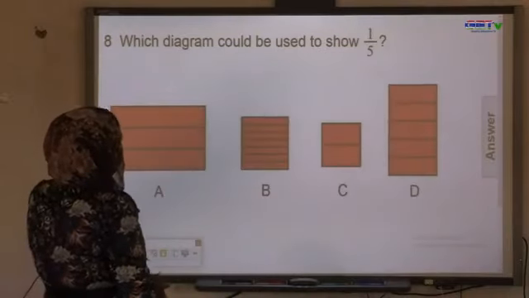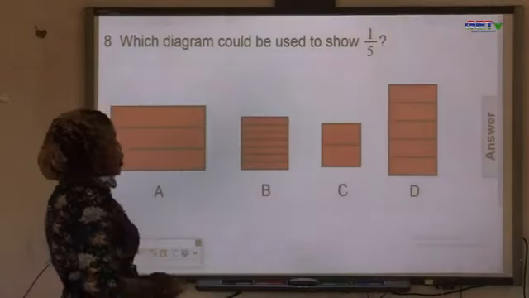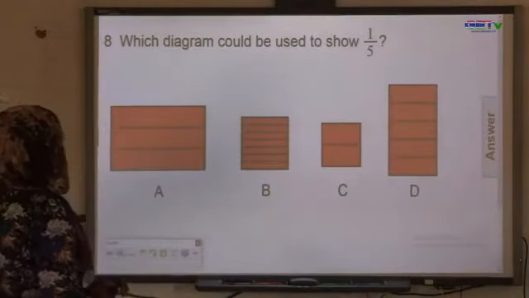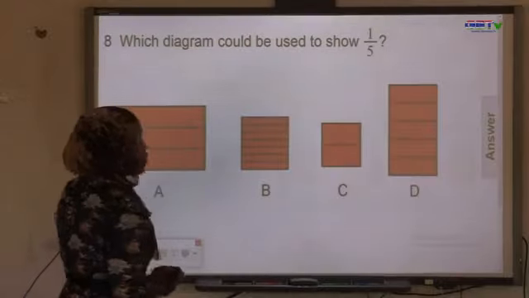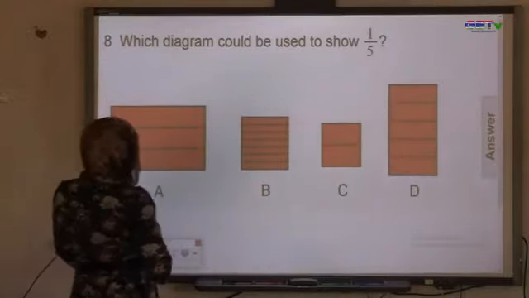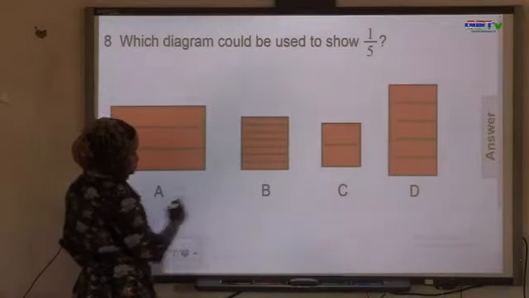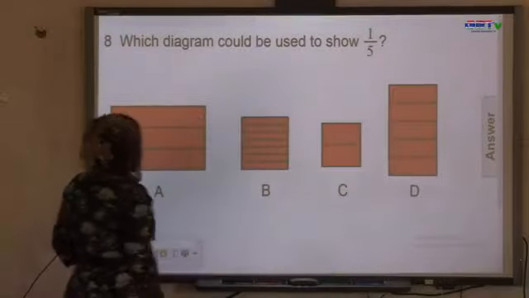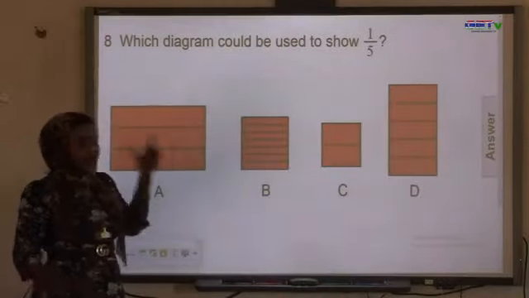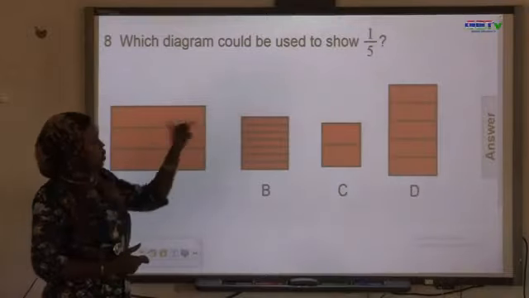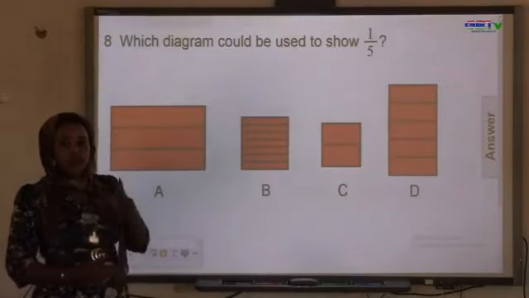Which diagram could be used to show 1/5? We have option A, B, C, and D. Each option is having a diagram, and we want to know which one could be used to represent 1/5.